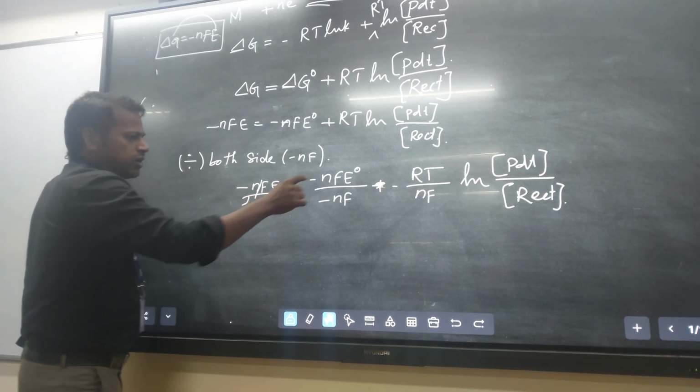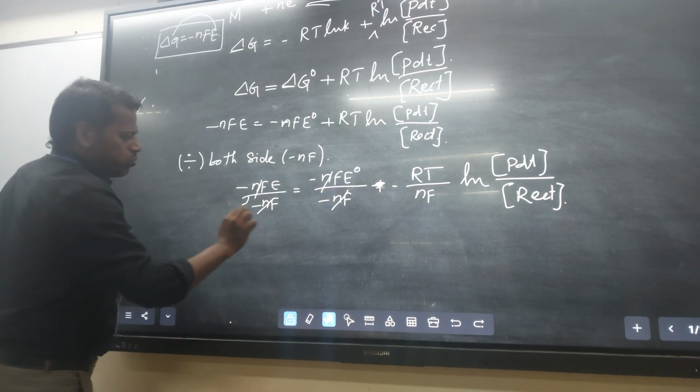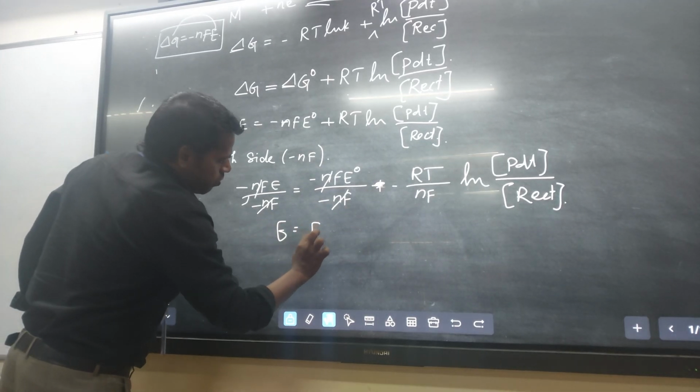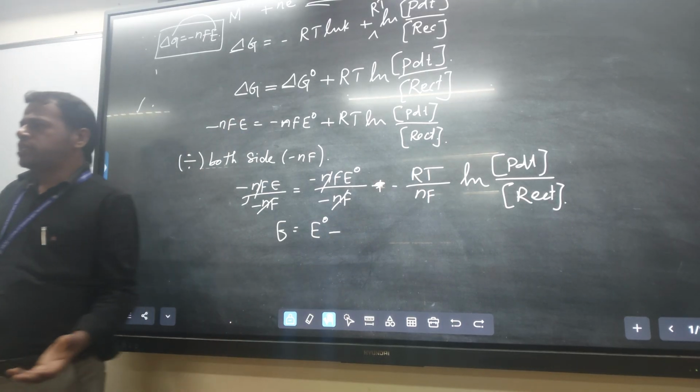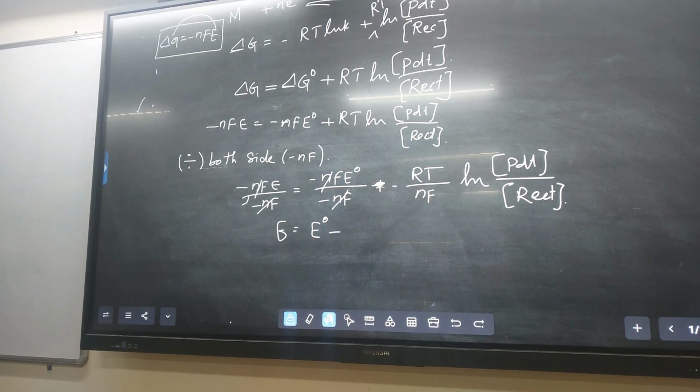If you cancel the common term or else simplify, you convert ln into log.